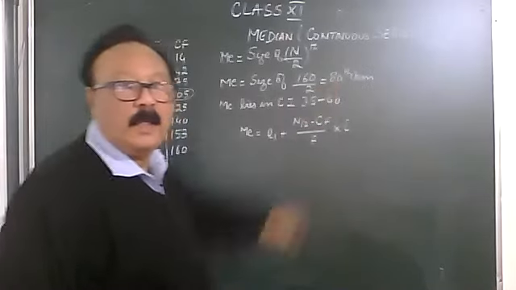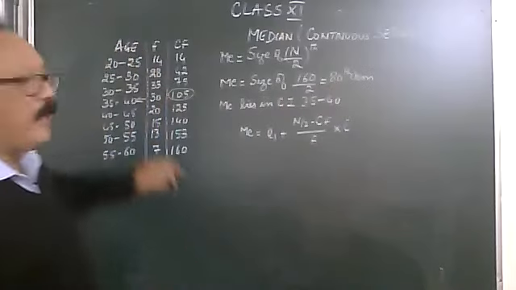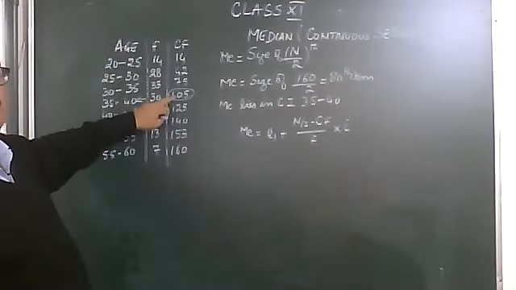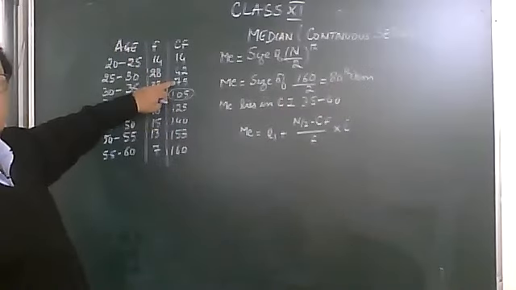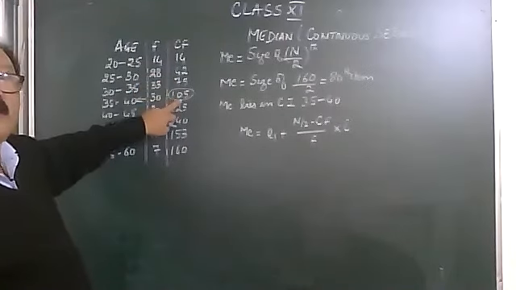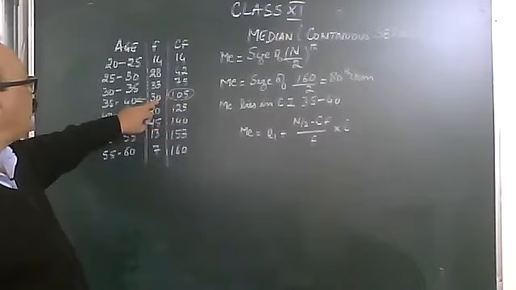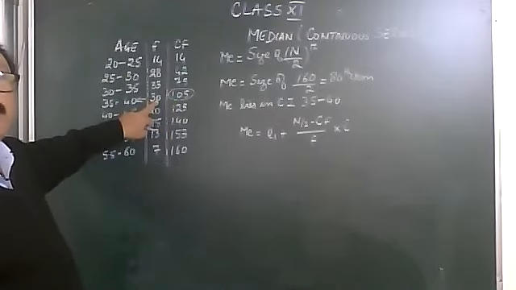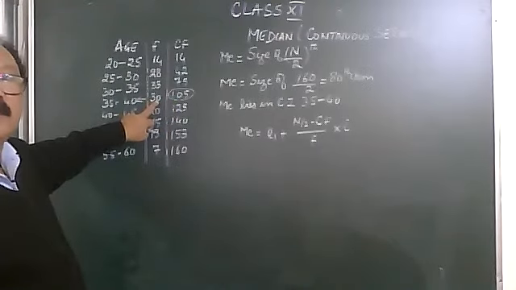N by 2 is what we have calculated, 80. CF, wherever it lies, the one above that. So the CF will be 75. F stands for frequency, it lies here. So the frequency will be the one just opposite it, in front of it.